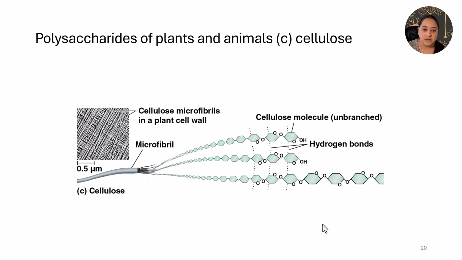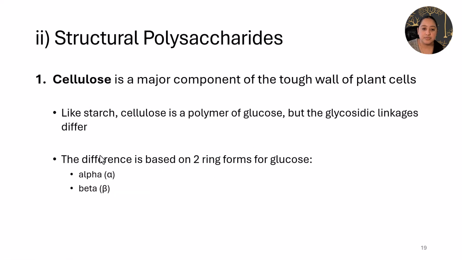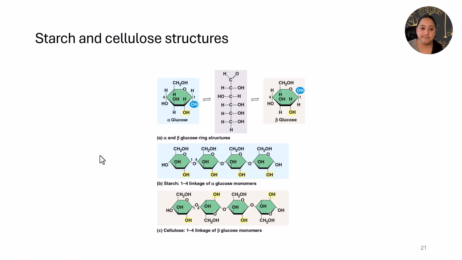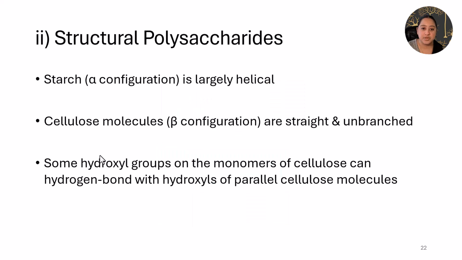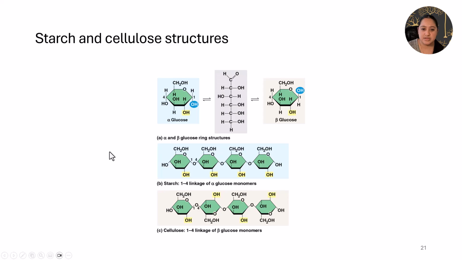So yeah, cellulose, because of that slight difference, provides more structure, and that's why it's a structural polysaccharide, and helps provide structure in the cell walls of plants. Starch in the alpha configuration is largely helical.